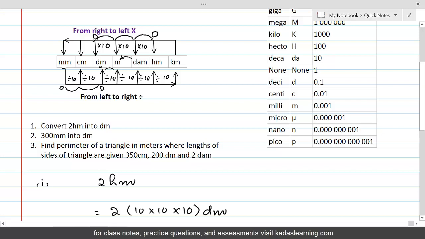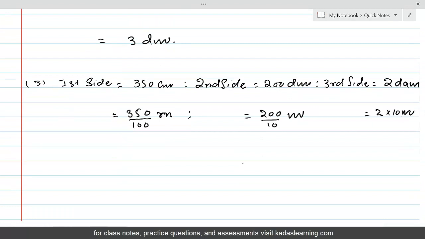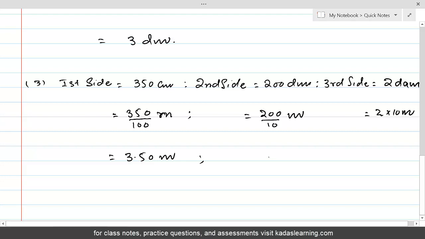So now we have 2 times 10, and we will be using the unit meter. So let us get all the lengths in meters now. In simplified form, the first is equal to 3.50 meters. The length of the second side is equal to 20 meters, and the length of the third side is also 20 meters.